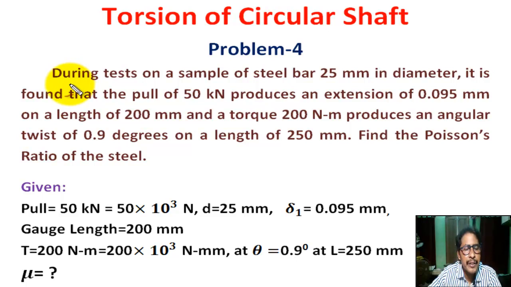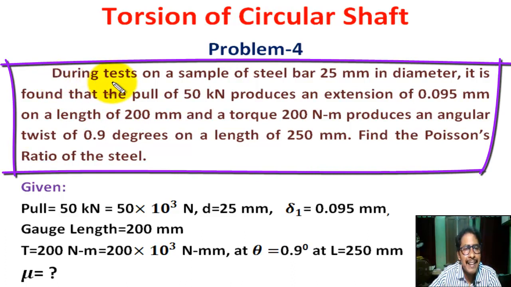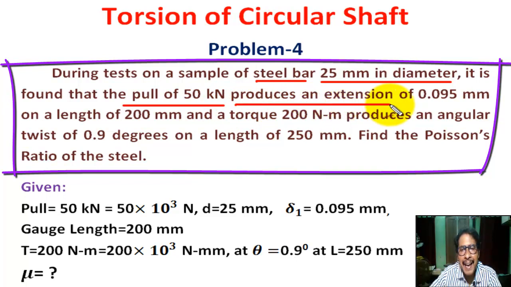Let us read what is given here. During a test on a sample of steel bar, means steel circular rod 25 mm in diameter, it is found that a pull of 50 kilonewton produces an extension of 0.095 millimeter.